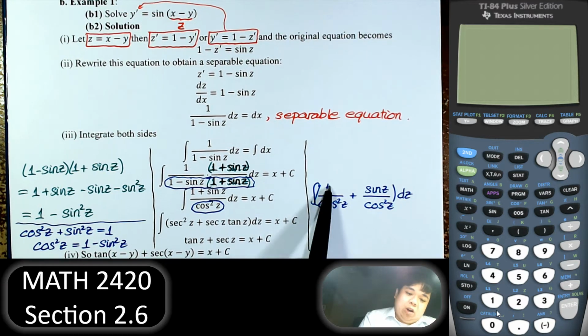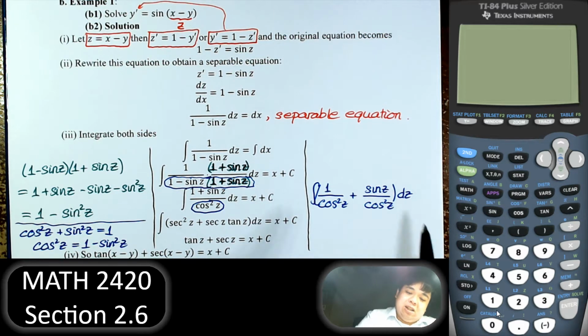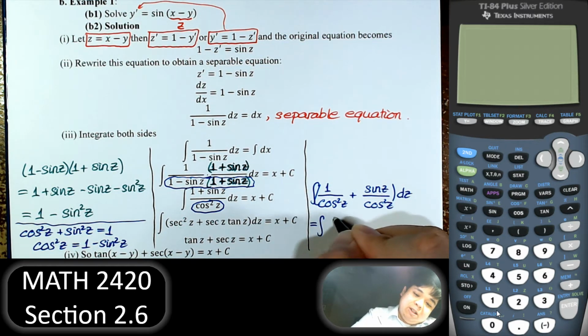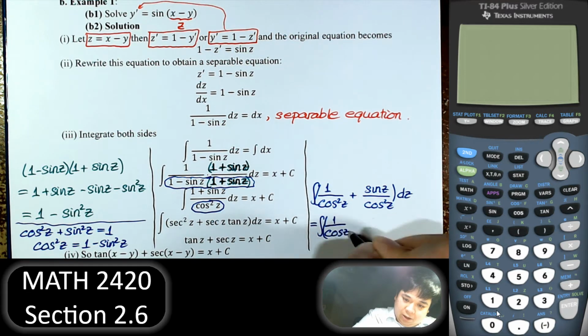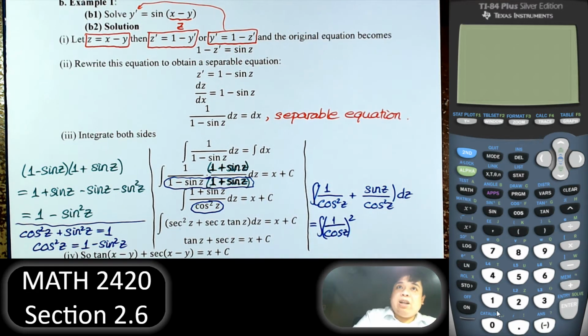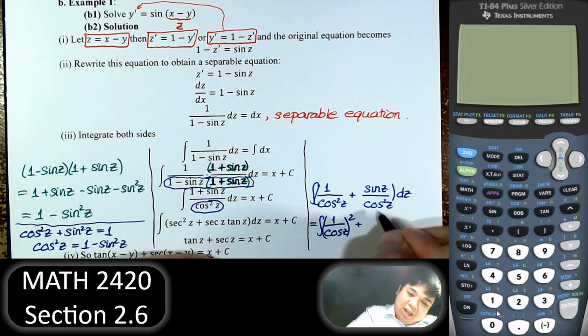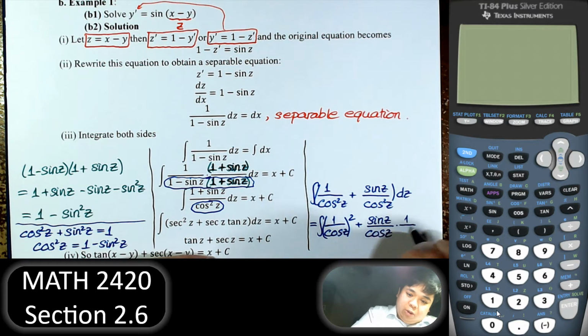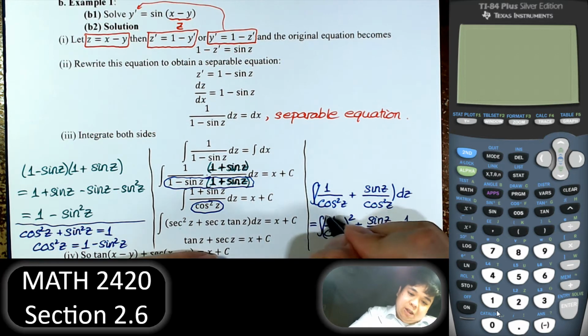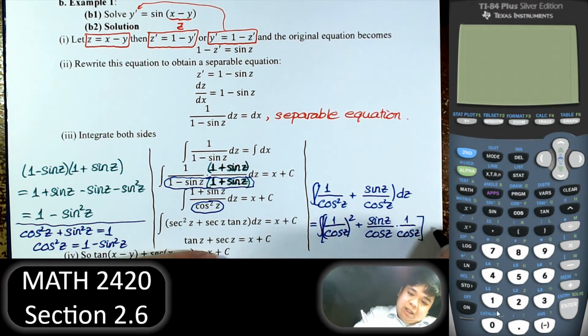Right. And 1 over cosine square is secant square. Sine over cosine is tangent. Let me rewrite one more step. I can write that as well, and then this I can write as sine z over cosine and 1 over cosine, of that dz.